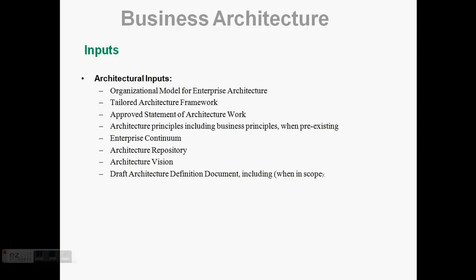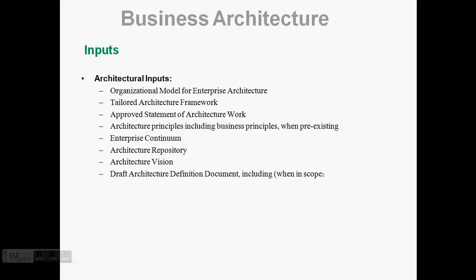And finally, we're concerned about the draft architectural definition document that includes the baseline for business architecture, technology architecture, data architecture, and application architecture, as well as targets for business architecture, technology architecture, data architecture, and application architecture.